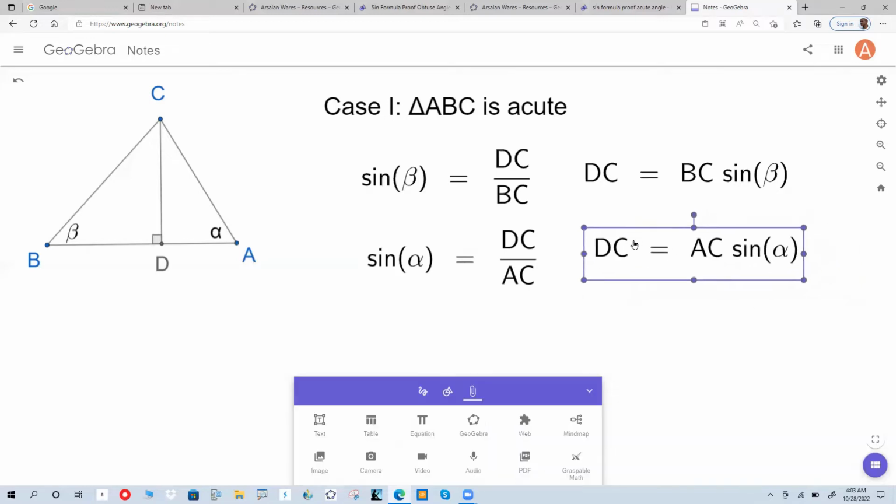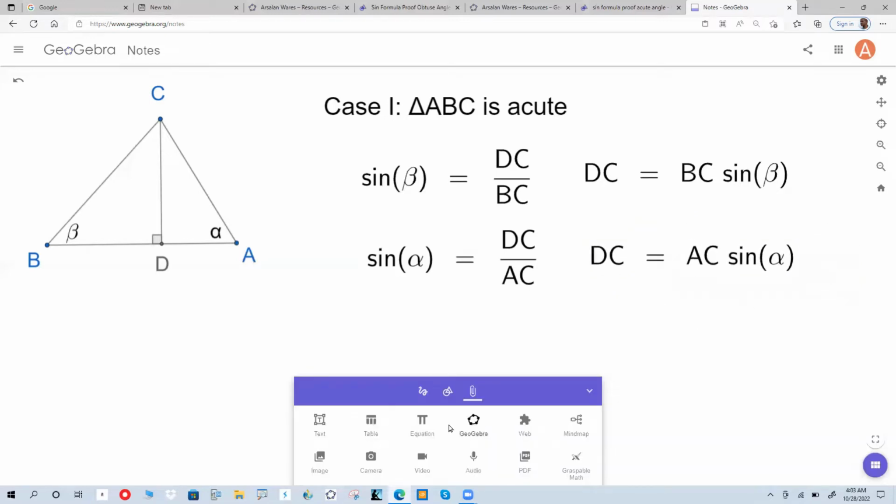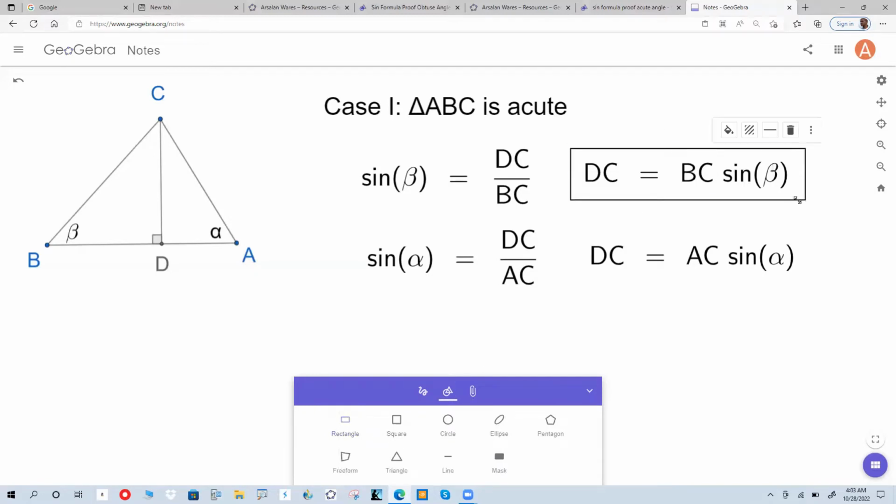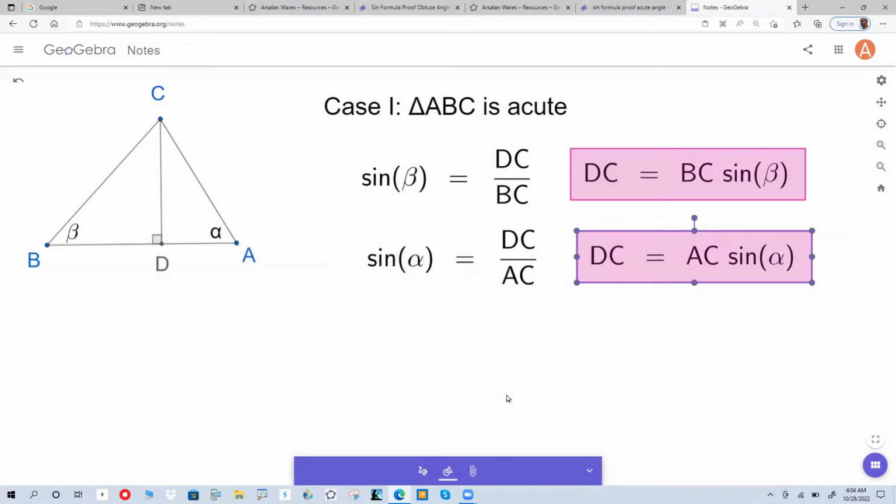Now, look what just happened. We expressed DC in two forms. And that's good news for us. Let me do it nicely so that we understand what's going on. DC is equal to BC times sine beta, and DC is also equal to AC times sine alpha. Now what can we do?